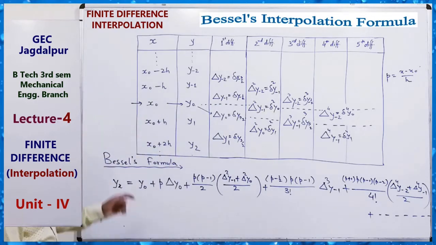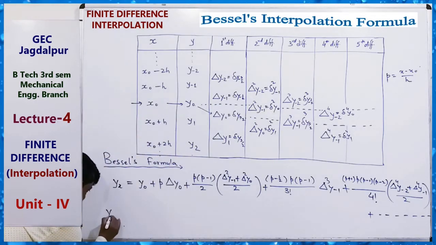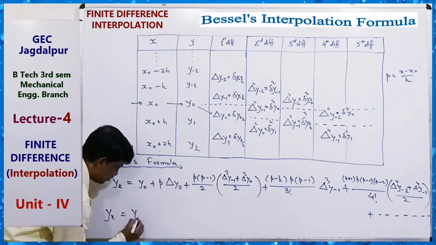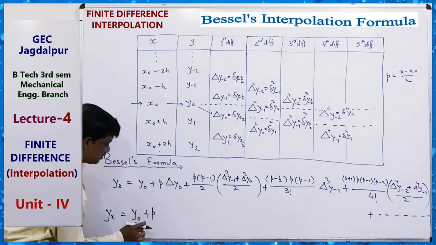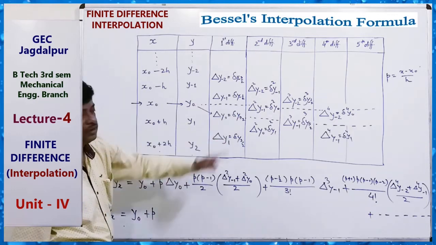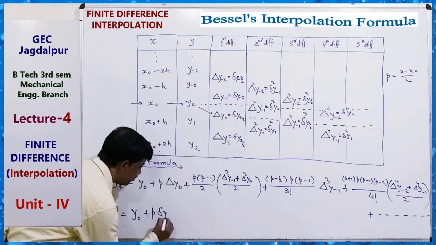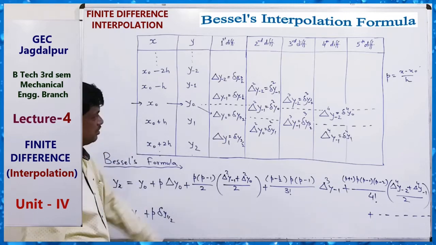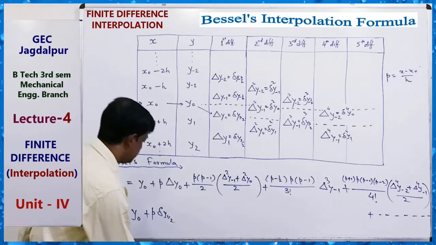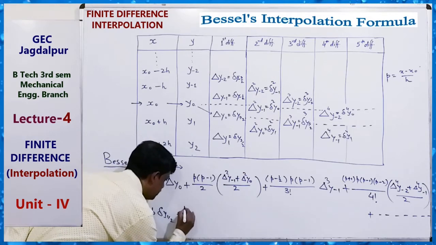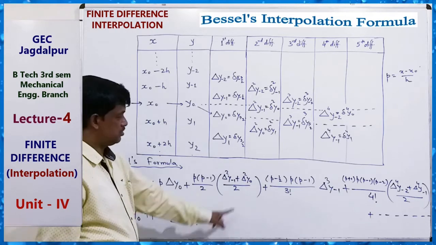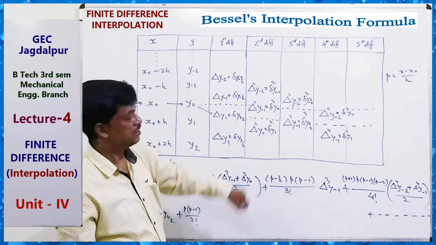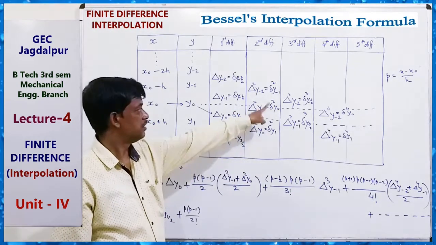So this formula can also be written in central difference operator in terms of what? y0 plus p, this is what? Delta y half, and plus, the value of p is same, p minus 1 by 2 factorial, average of these two. Average of these two means what?